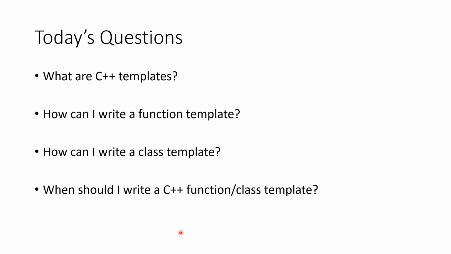It's similar for C++ templates. And in this tutorial, I'm going to introduce what templates are, how you can write a template in a function template or a class template, and when you should write a template.